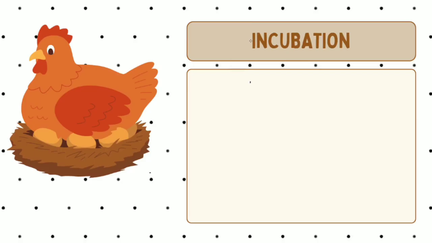And one thing I forgot to tell you about in the life cycle of a bird is incubation. So let's see what incubation is. We know that the adult hen lays eggs, right? This egg takes 21 days to hatch. What does it do in these 21 days?